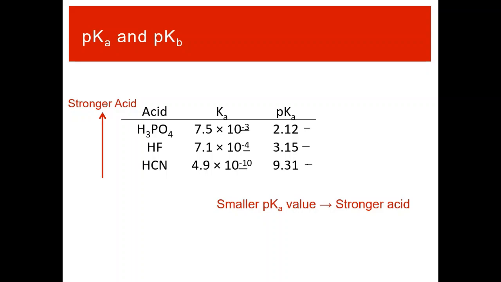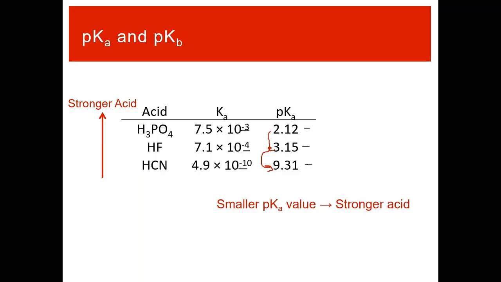It's also easier to parse out the relative differences in strength. While HF is weaker than H3PO4, because 3 is greater than 2, the difference is only one pKa unit, whereas it's a whole 6 pKa units to HCN. So HCN in this list is a distant third, and it's much easier to compare with pKa.